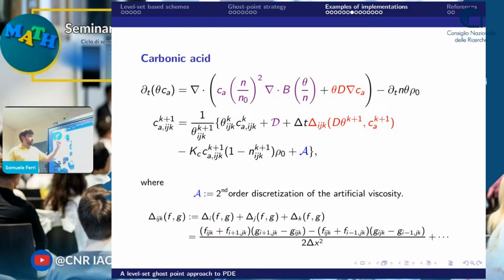Also, in this scheme, we add this term, which is a second order discretization of the artificial viscosity. We add artificial viscosity in order to preserve the monotony of the scheme, because in general it is not monotone.